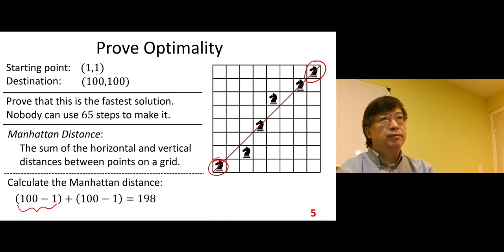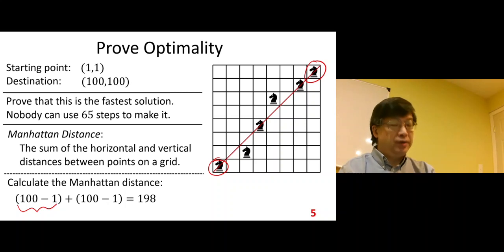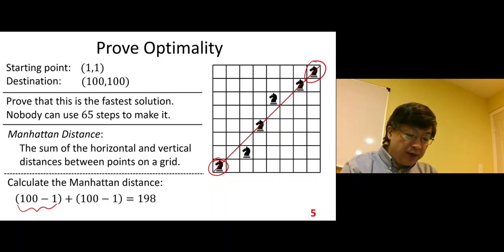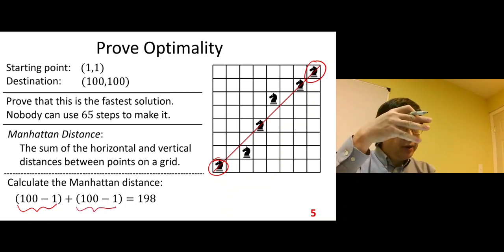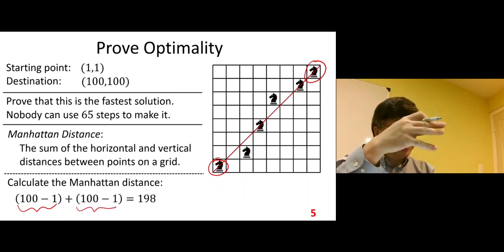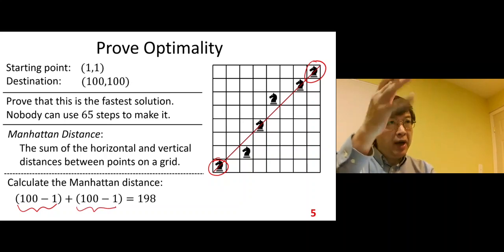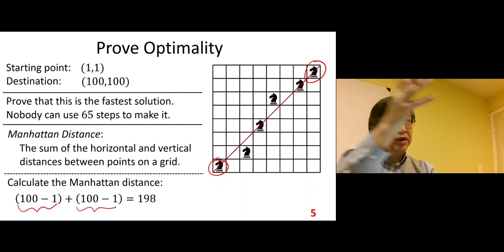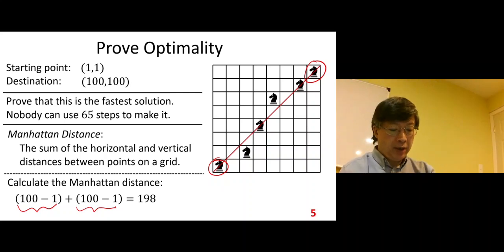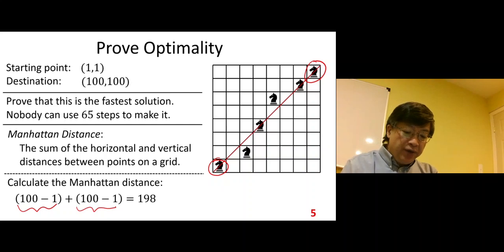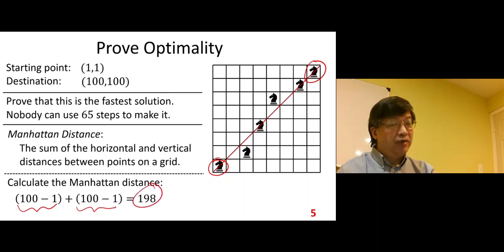You move 99 squares. Vertically, also 99 squares. Adding up these two numbers, 198 units of move, the distance long. Okay, how do we use it?